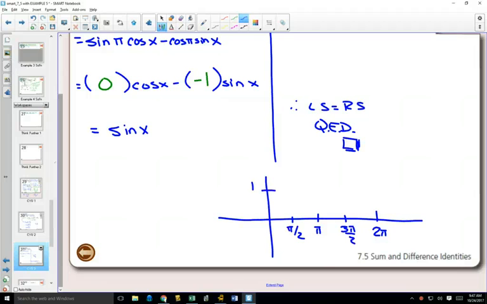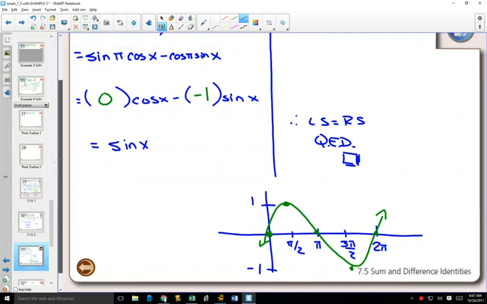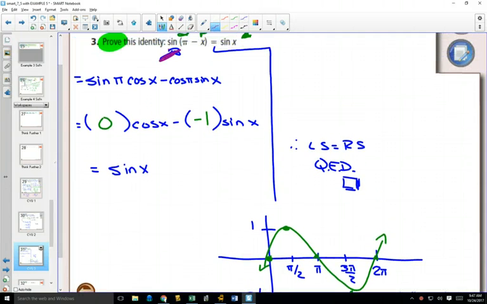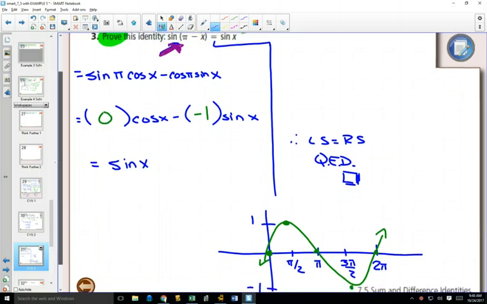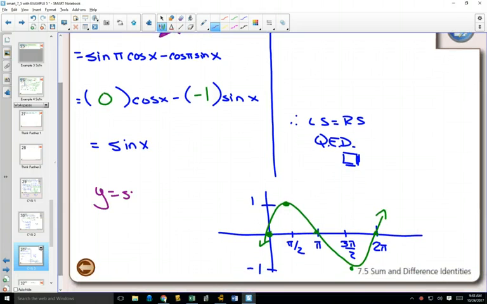Sine has an amplitude of 1. Sine starts in the middle, going up. This is just my basic sine graph. Actually, just because I made my axis in blue, I'm going to graph this one in purple.